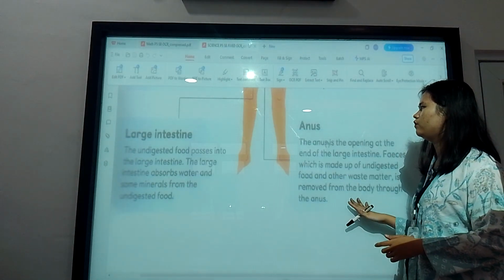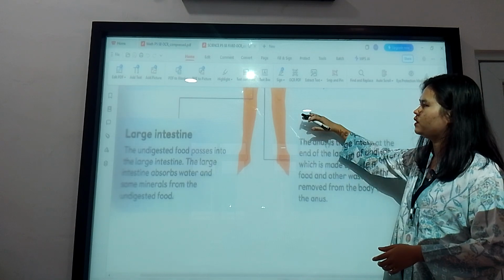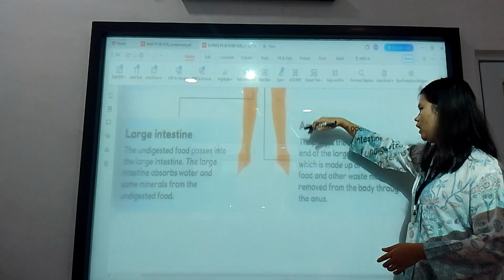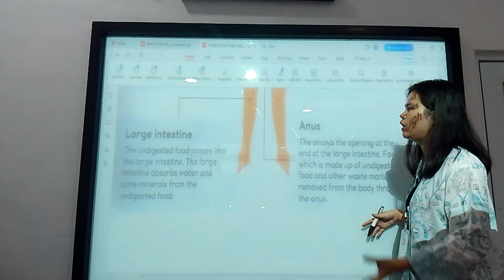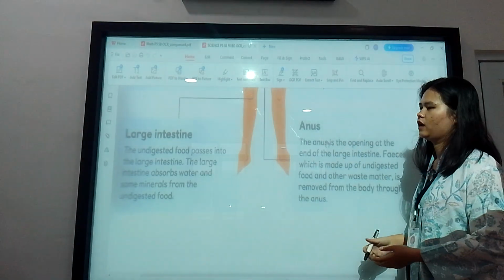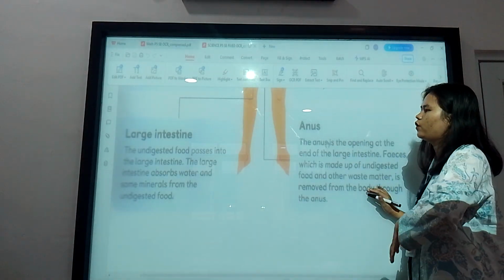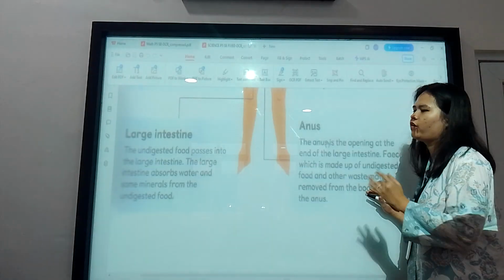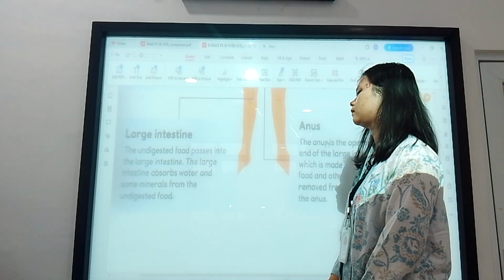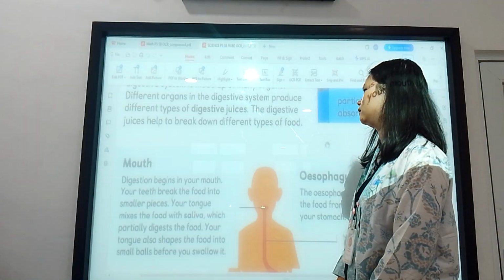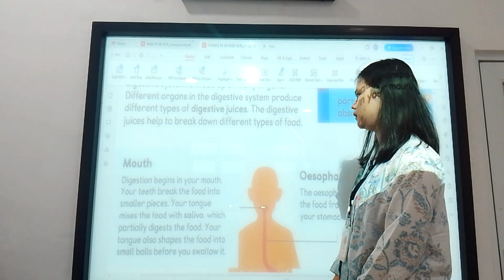Actually, before the anus, the food stays at the rectum. When the food is ready to go out, the anus works. It is the gate for the large intestine and the final part of the digestive system. Okay, so that is the process of how our digestive system works.